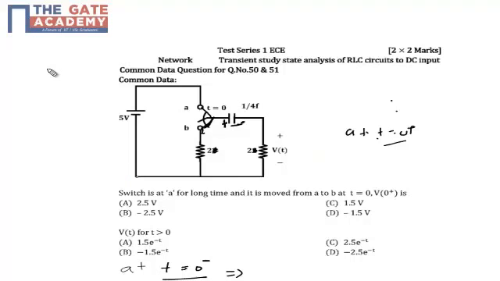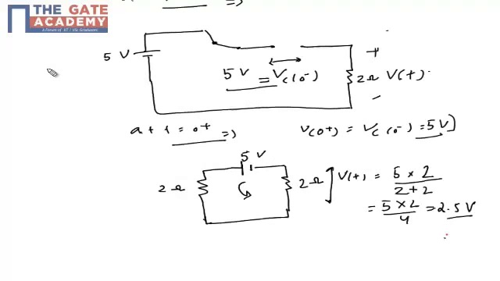So here 2.5 volt is the magnitude, but you need to see that Vt has been defined with plus and minus. You can see that the polarity of the 5 volt battery is like this. The current always flows from high potential to lower potential. So if you draw the direction of the current, it will be like this. My direction of the current is opposite to the polarity of Vt, so we will have a minus sign.